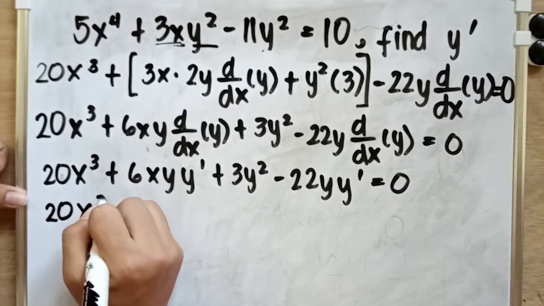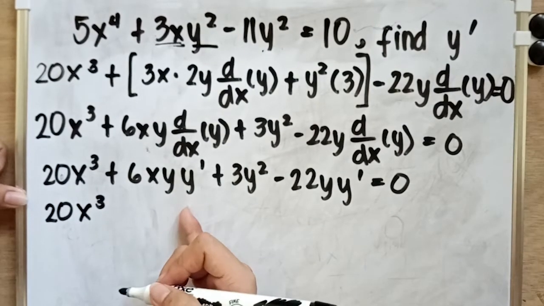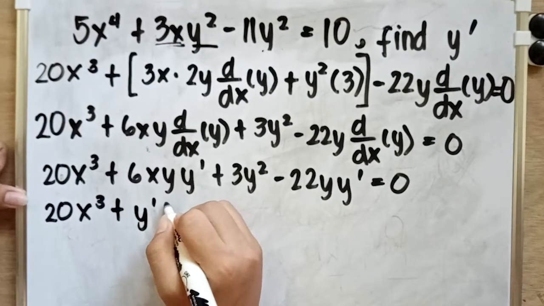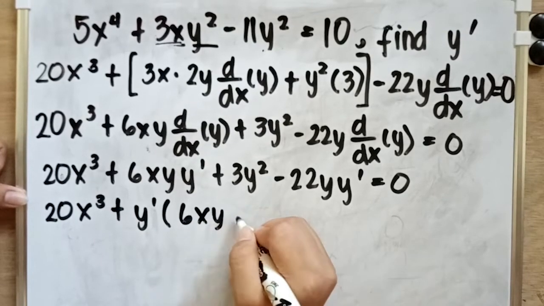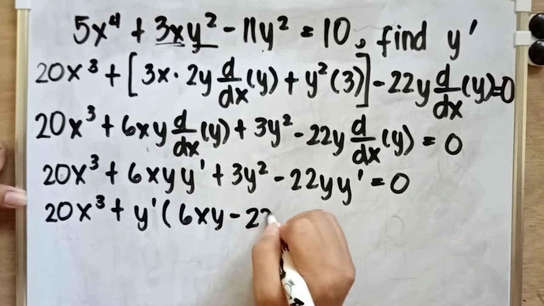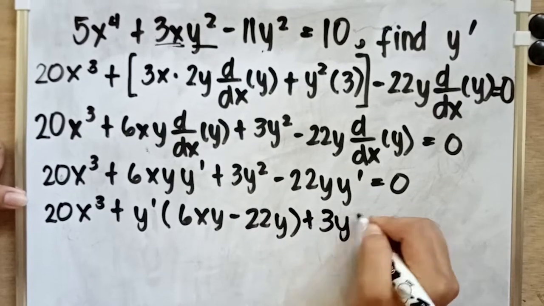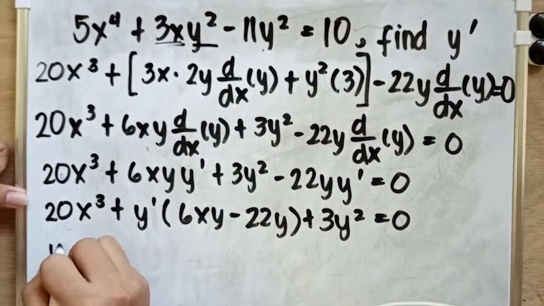20x cubed, then ifa-factor natin ang term na parehong may y prime times 6xy minus 22y plus 3y squared is equal to 0. Transpose the other term to the right side.